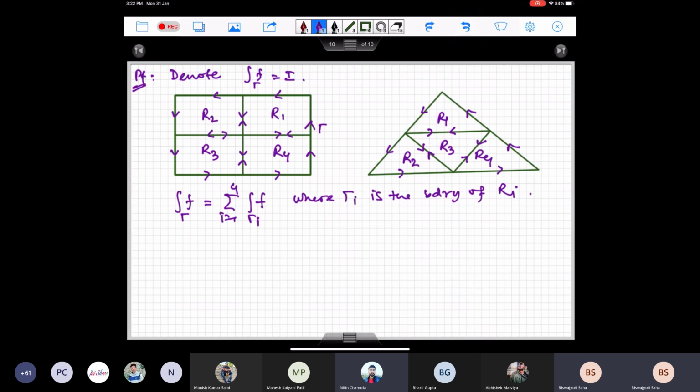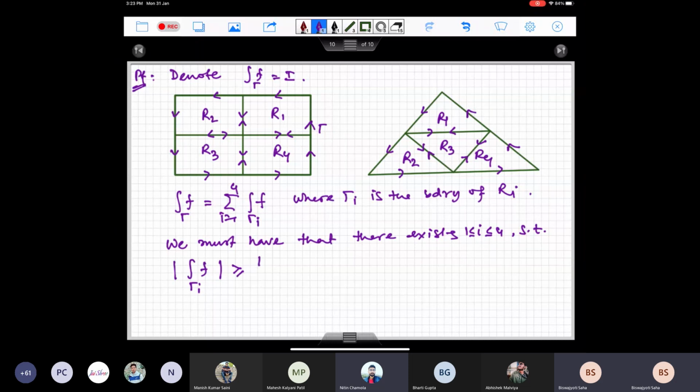So what I can say is that in absolute value, there exists some gamma i, with 1 less than or equal to i less than or equal to 4, such that the absolute value of the integral along gamma i must be bigger than or equal to mod of I divided by 4.